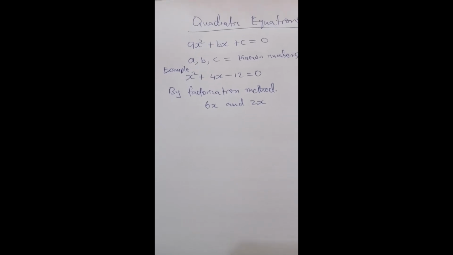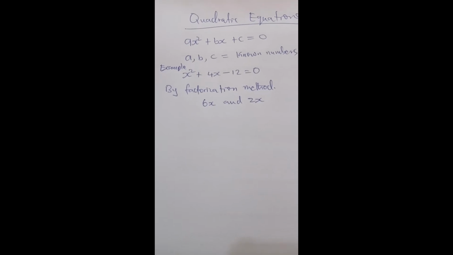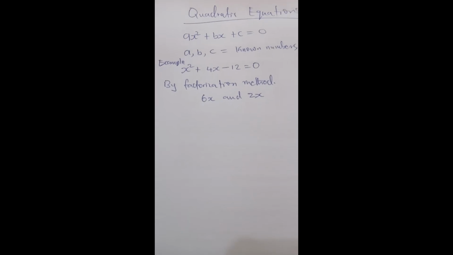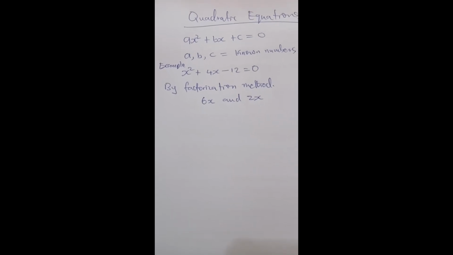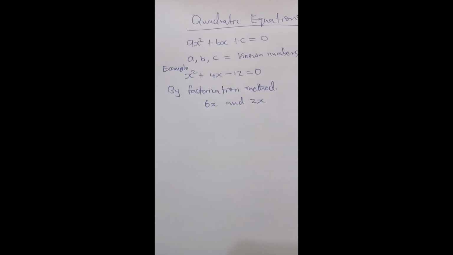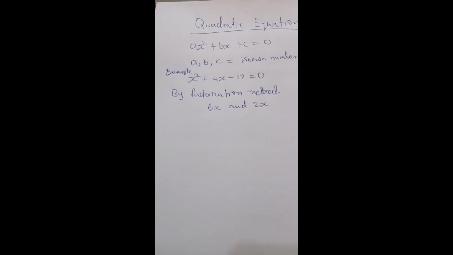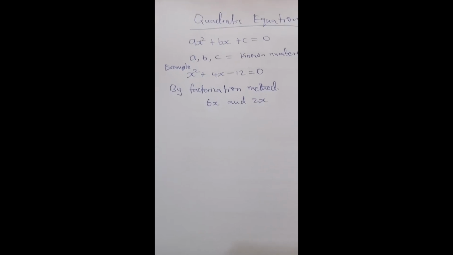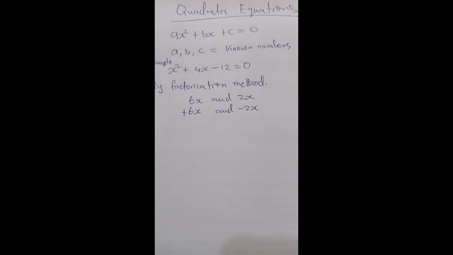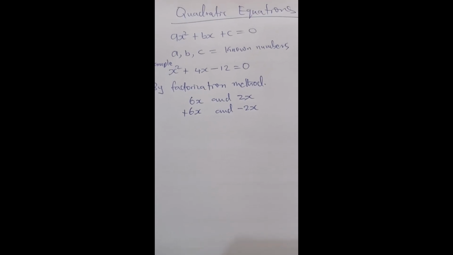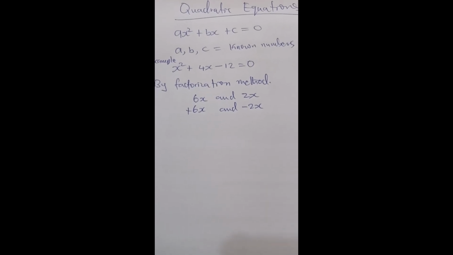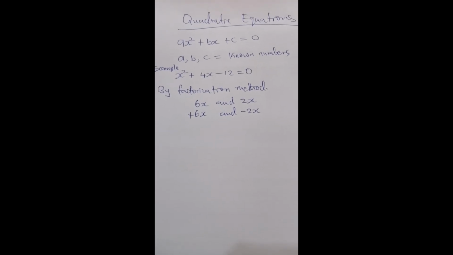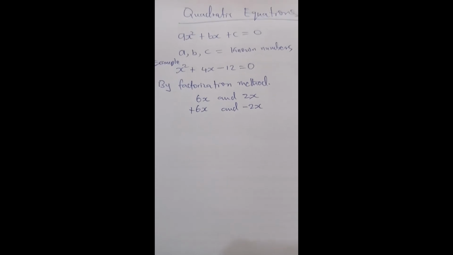Don't forget that in mathematics, when we say sum, we can deal with negative numbers as well as positive numbers. So when we write 6x and minus 2x, those are the 2 factors that we desire. This means that positive 6 summed up with negative 2 will give you a positive 4, and positive 6 multiplied by negative 2 will give you a negative 12.